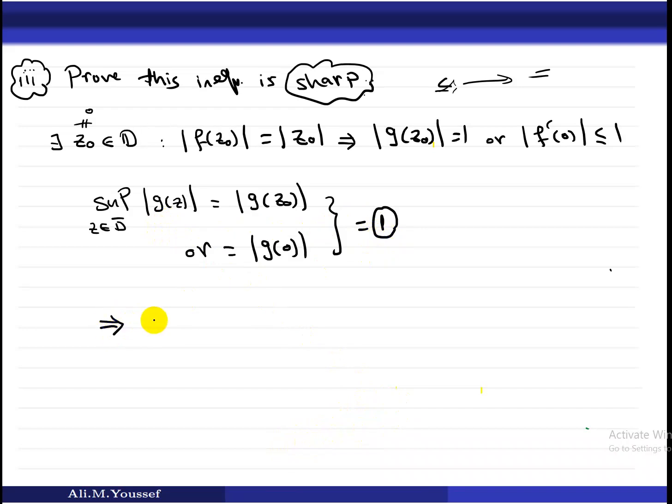So it means that the modulus of g of z is equal to the modulus of lambda, which is equal to 1. And we can write g itself, g is constant here, because we have the supremum equal to 1.